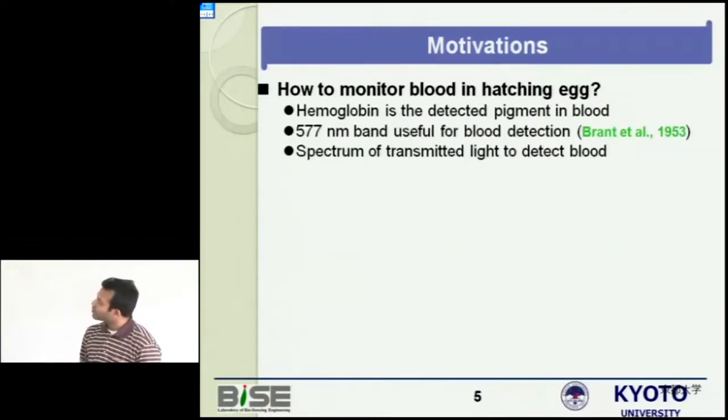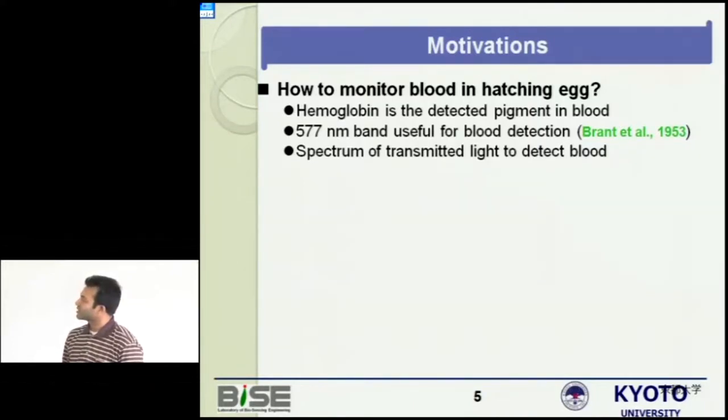Now, how to monitor blood in a hatching egg? Hemoglobin is the detectable pigment in blood, and the 577 nanometer absorption band is suitable for blood detection. The optical transmission spectrum of transmitted light can be used to detect blood in the incubating egg, because optical transmission is used to measure the internal quality of different biological products.